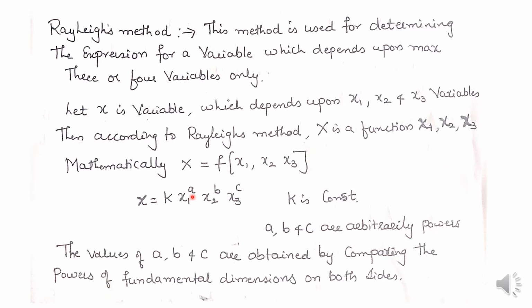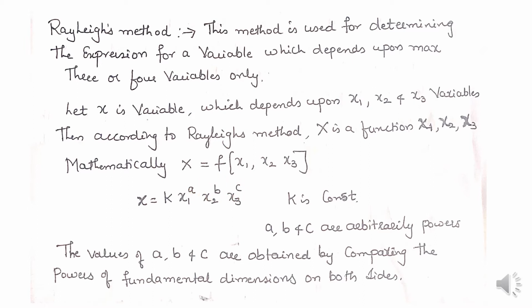The values of a, b and c are obtained by comparing the powers of fundamental dimensions on both sides of the equation, that is, on the left hand side and the right hand side.